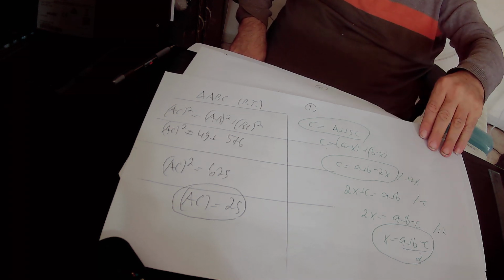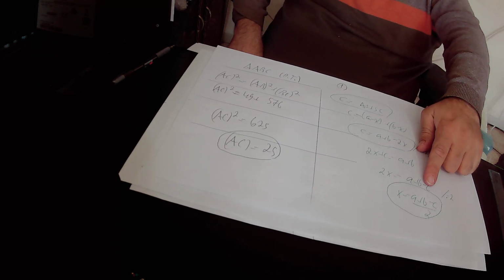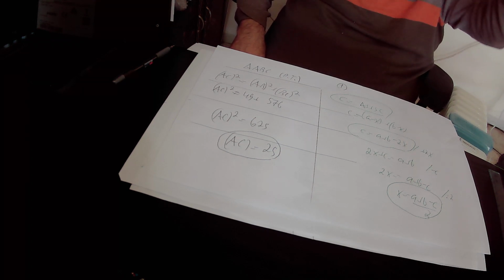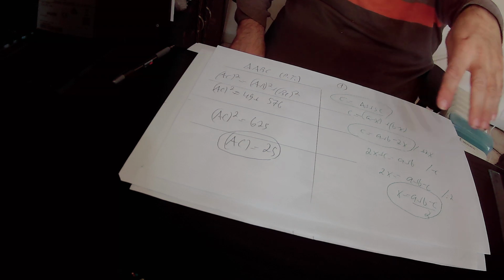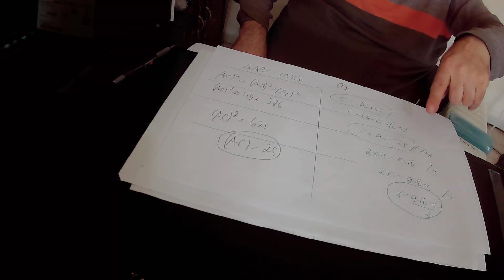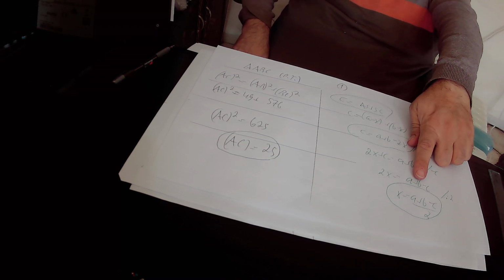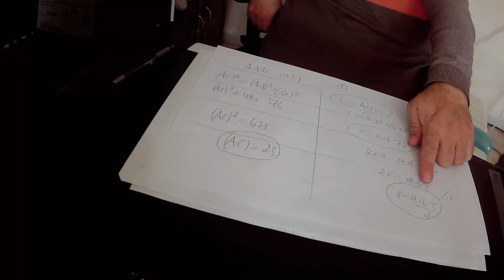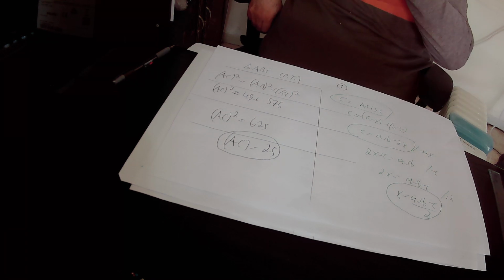So we have here a general formula to find the radius of any circle that is inscribed in a right angle, only by knowing the side lengths of the right triangle that encloses the circle. That is to say, the radius will be equal to A plus B, that is the sum of the lengths of the perpendicular sides, minus the length of the hypotenuse, that is C, over 2.